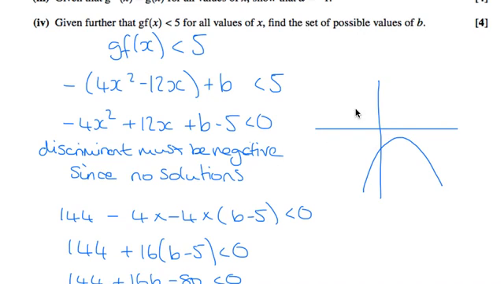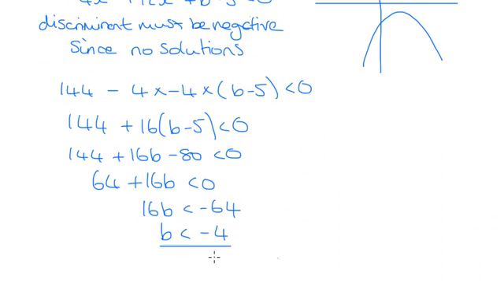But all that would have done is given us a positive quadratic that needs to stay above 0, and therefore the discriminant of the negative version, which would be positive 4x squared, take away 12x, take away b plus 5, needs to stay greater than 0, and we would still need to find the discriminant of this and work out b for when the discriminant is less than 0, because there's still no solutions. This is still not crossing the x-axis, and you would end up with what we had before, b is less than negative 4.